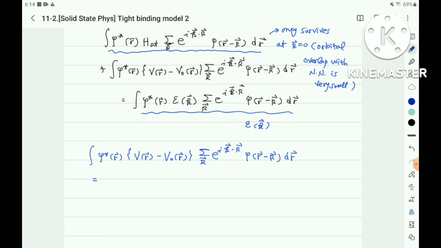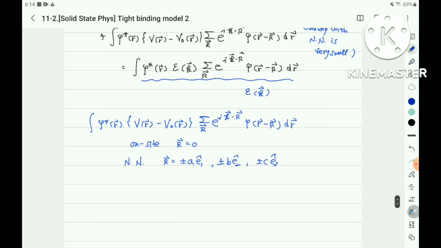For example, on-site is R equal to 0, but in the nearest neighbor case, R equals the Bravais lattice vector plus or minus a e1, plus or minus b e2, and plus or minus c e3. This is the nearest neighbor interaction, not exactly the nearest neighbor, but we only consider the three-dimensional Bravais lattice.